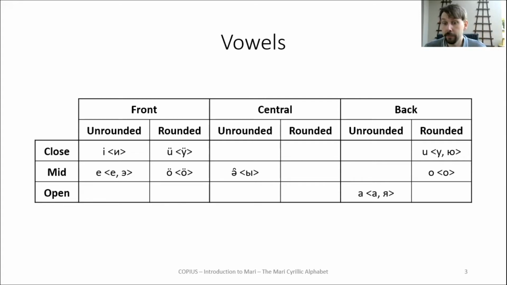Yeah, and then we have got an ö and an ü. And if you look at the orthographic renderings I have here after the sounds, you will notice that this duality of vowel symbols that we have from Russian doesn't extend to these new phonemes, and it's also not used for o here. It's not used for either. So for u, we have the two letters. For a, we have the a and the ya.